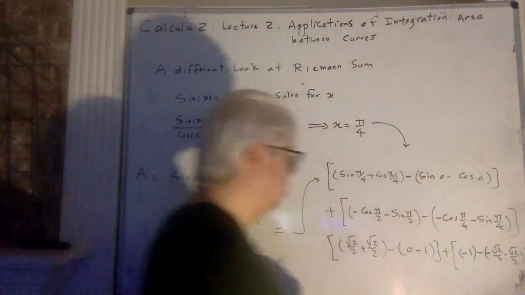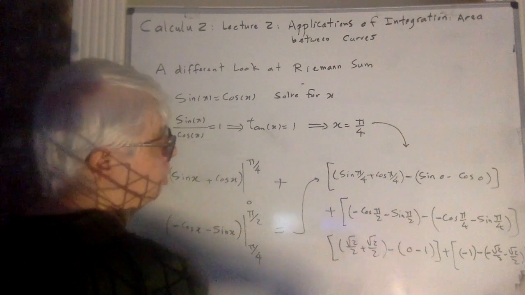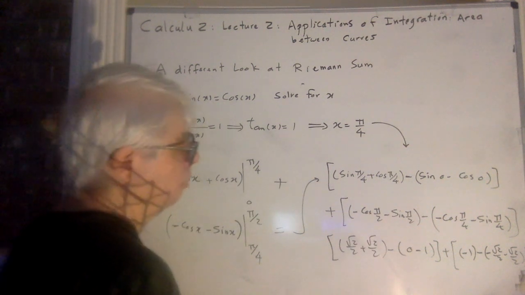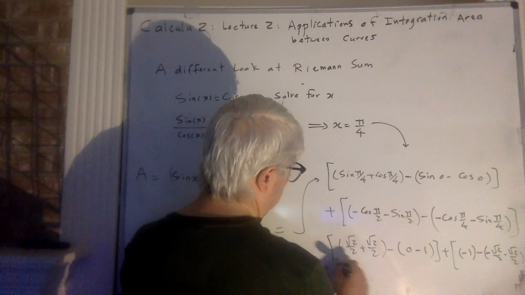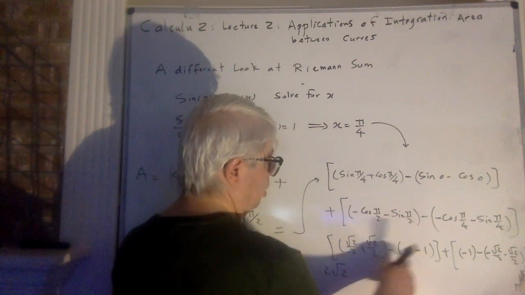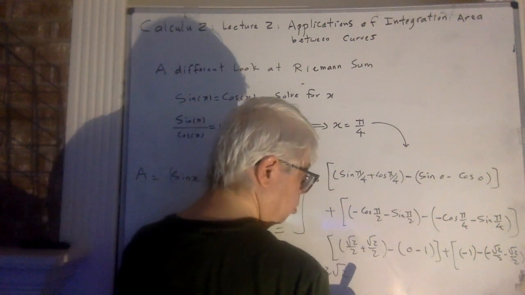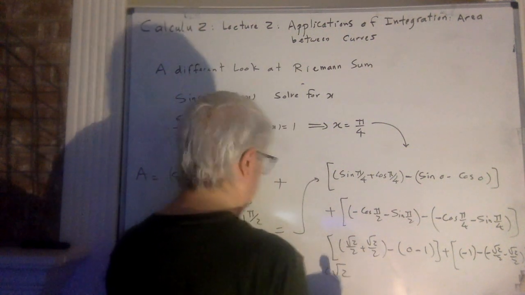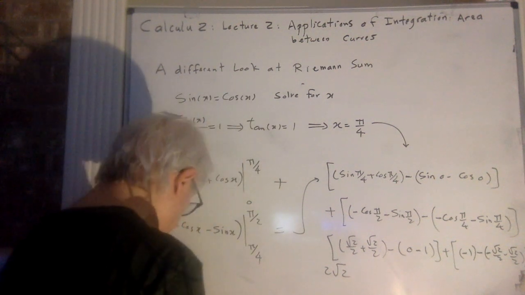Okay, so this one is just square root of 2, that one is square root of 2, and I have plus, so this will give me 2 square root of 2. I have a plus 1 here, and minus 1, is that minus 1? And let me double check, there should be minus 2 somewhere.